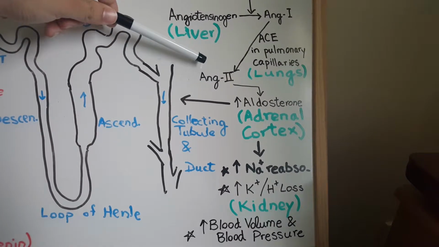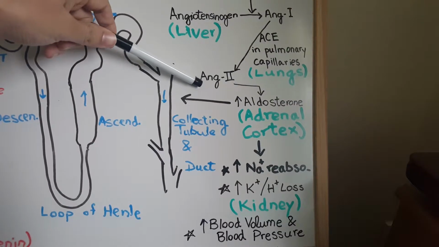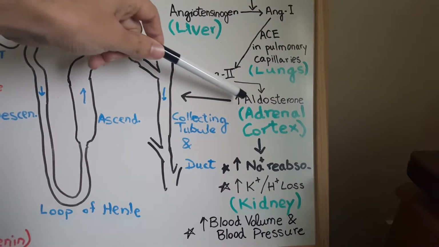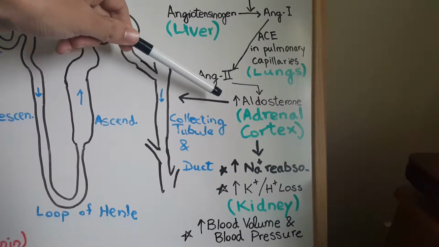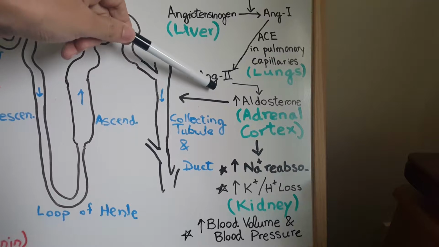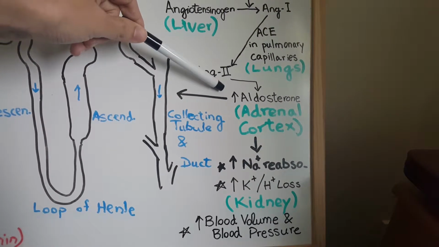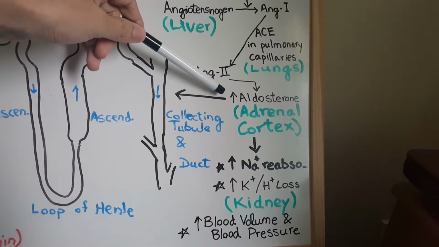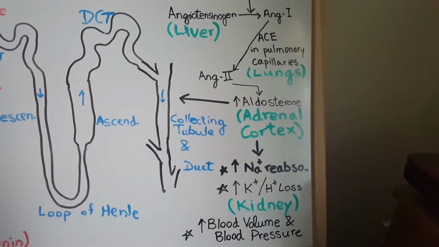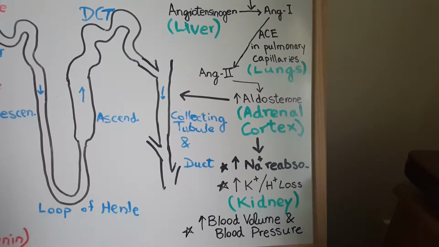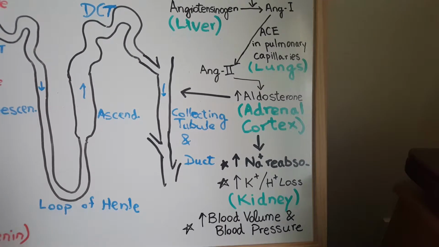Angiotensin 2 is the active form of angiotensin. It circulates in the blood and reaches the adrenal gland. It acts on the adrenal cortex. It stimulates production of aldosterone from the zona glomerulosa of the adrenal cortex.